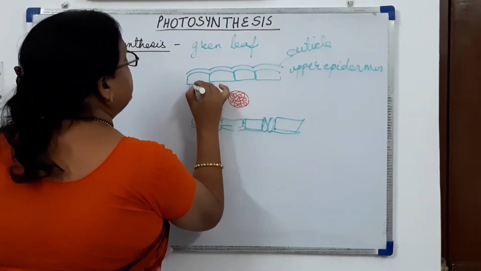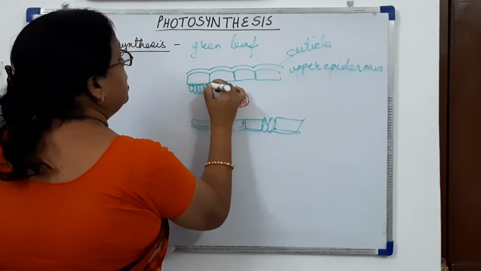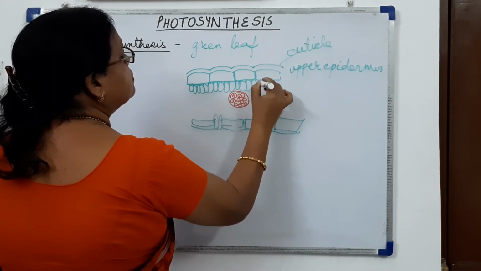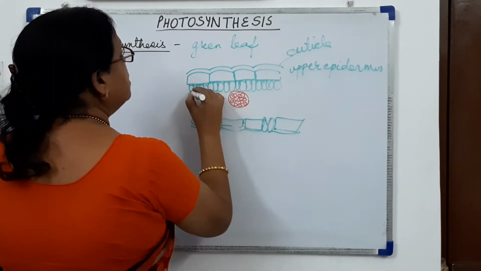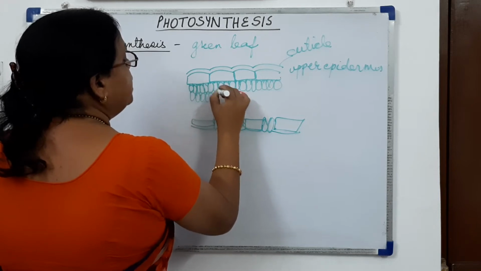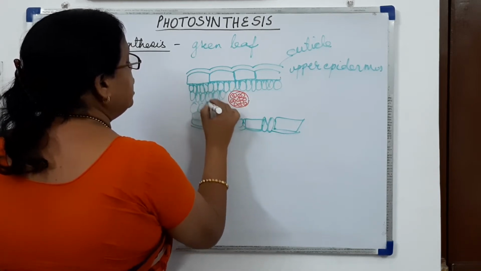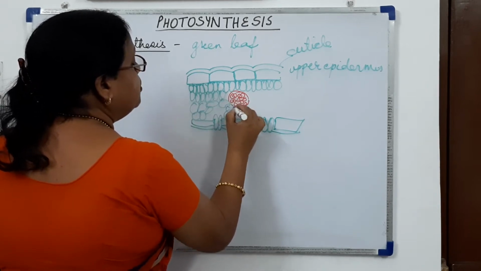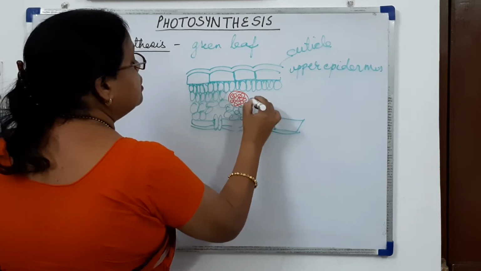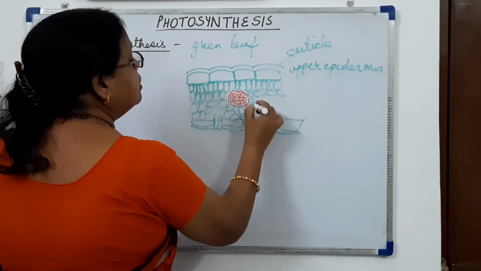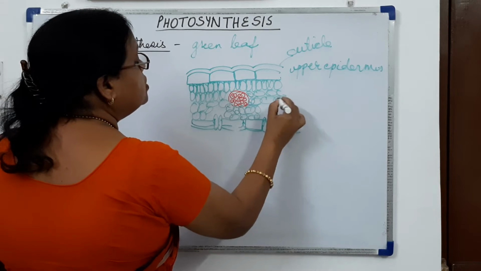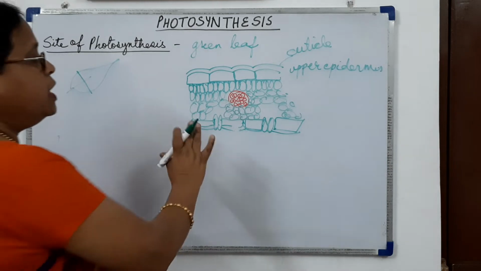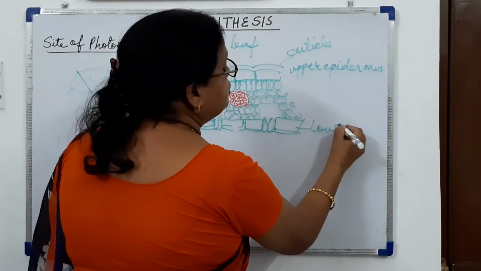Then in the upper layer there will be the palisade parenchyma, one or two layers. Then there will be the spongy parenchyma. There will be the stomatal apparatus, substomatal area, etc.